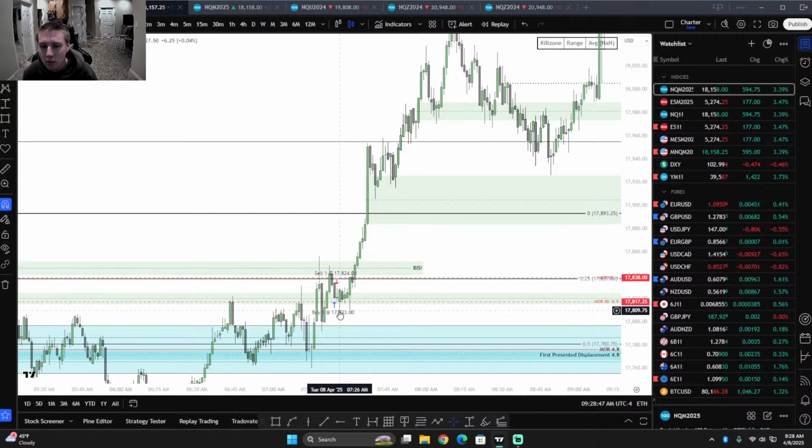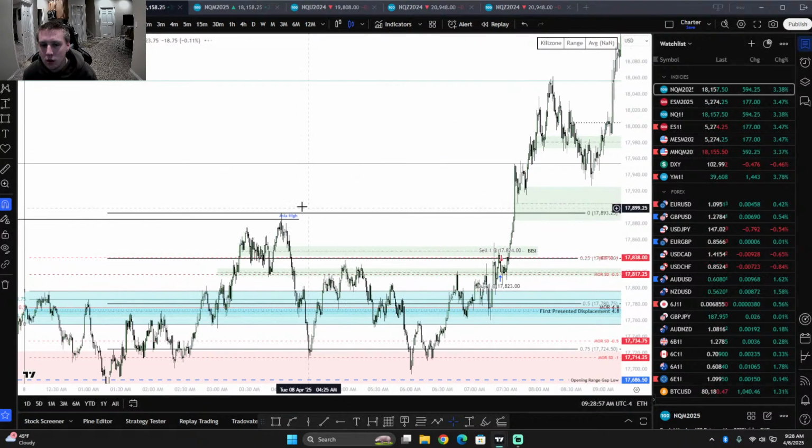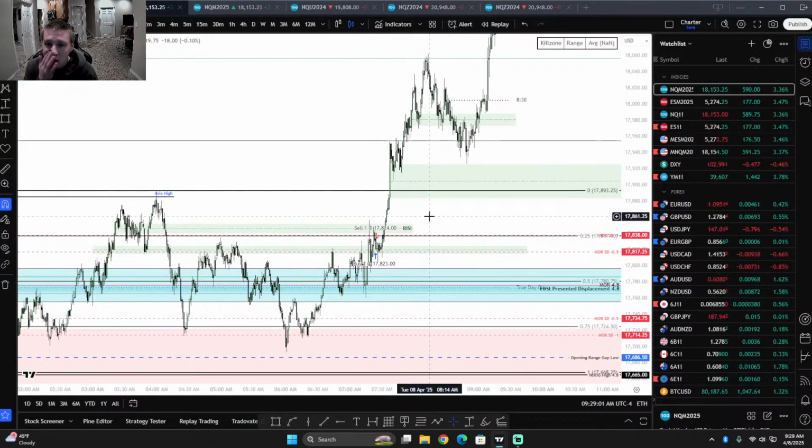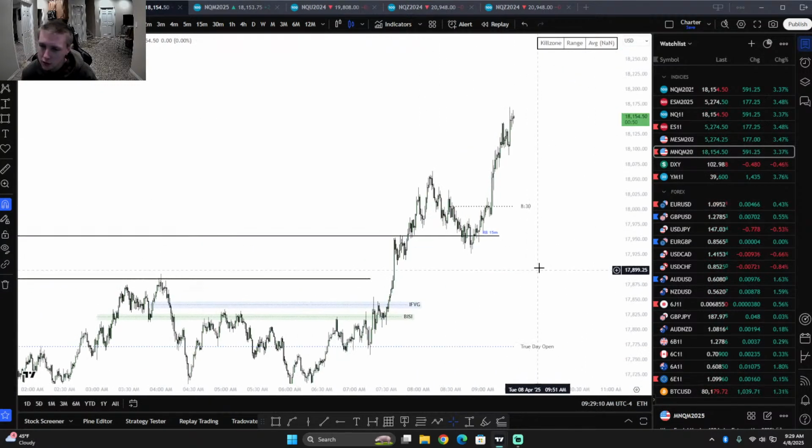I wanted to have a stop here, but then I realized I was on the mini, so then I just exited. I could have re-entered, but then I just wanted to watch it, and then ended up paying out. I would have got out above Asia high. That would have been a nice trade. But yeah, I was on my live trade account, and I thought I was using micro, but I was using mini.